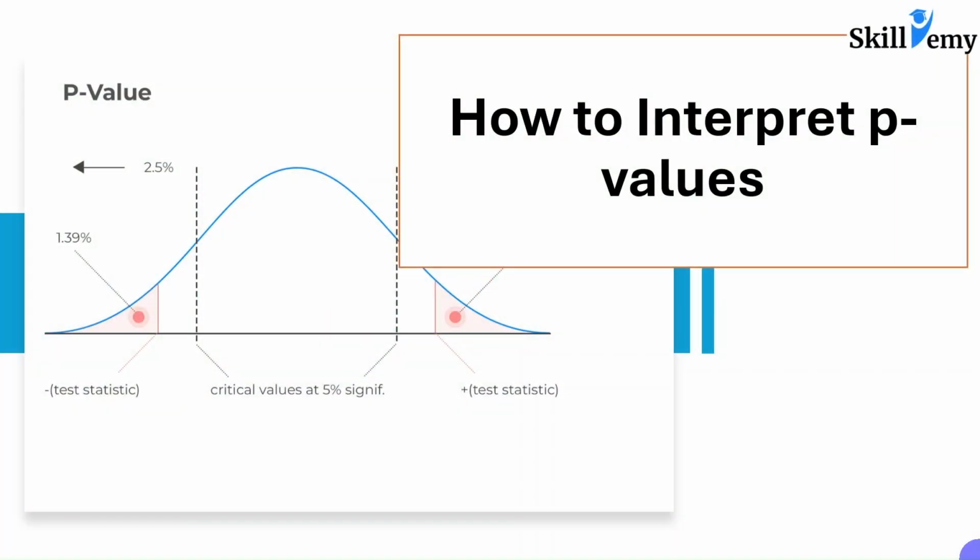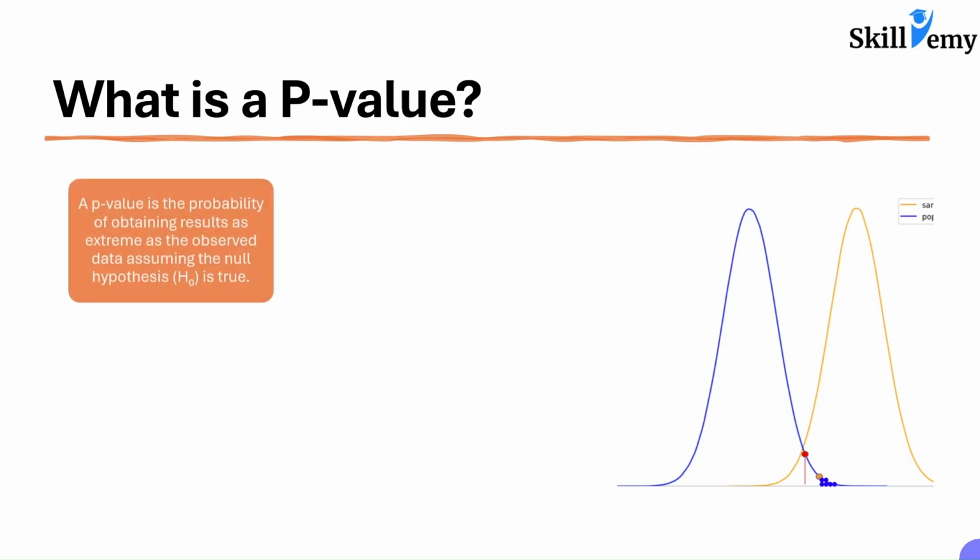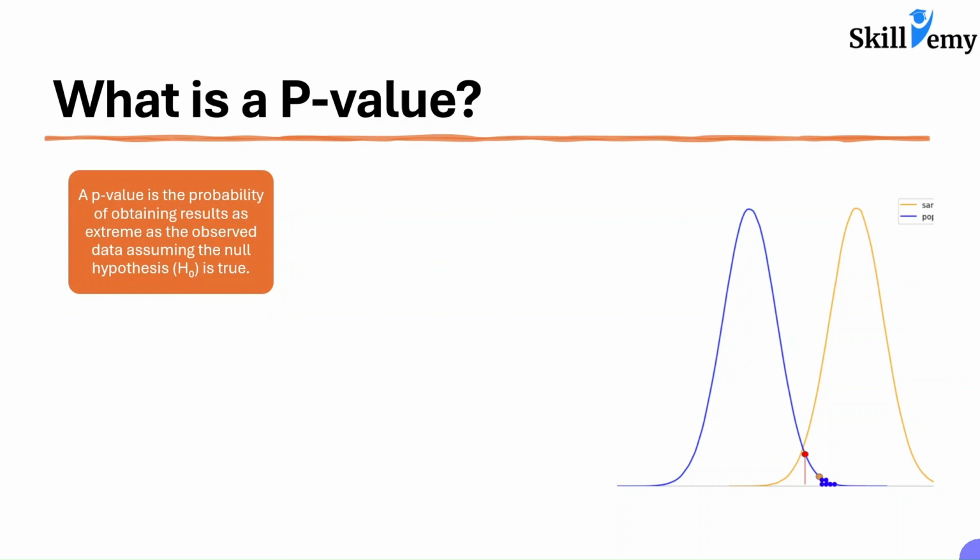Alright, so when we say a p-value, what is a p-value? Now, in statistics, a p-value is the probability of obtaining results as extreme as the observed data, assuming that the null hypothesis is true.